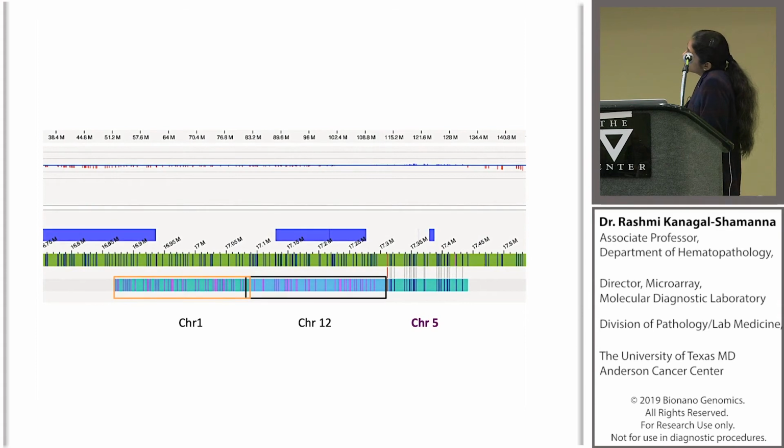Upon further investigation, this fragment actually mapped to chromosome 5. So it's indeed a complex derivative chromosome. This was not picked up by karyotype, as the resolution was beyond its limit, but could be picked up by optical mapping. Of course, rearrangements such as these will be missed by microarray technology as well.